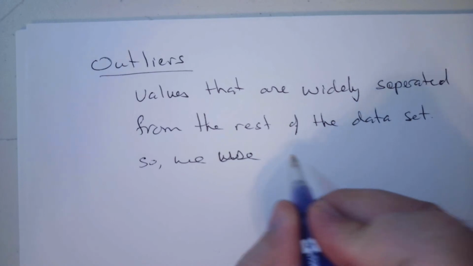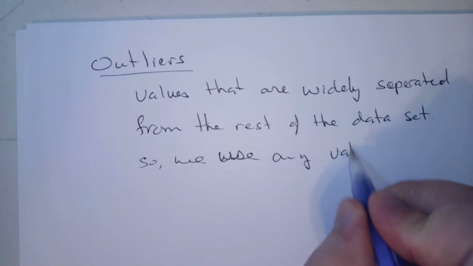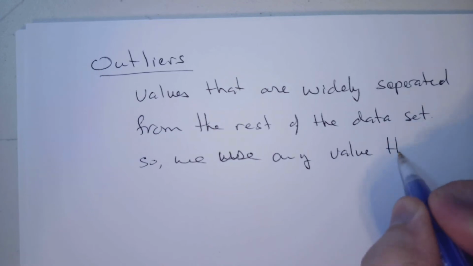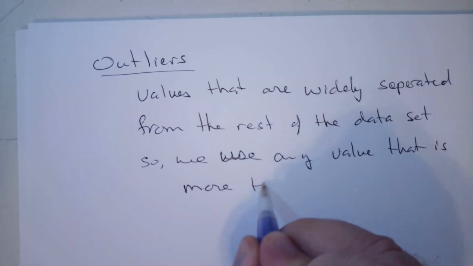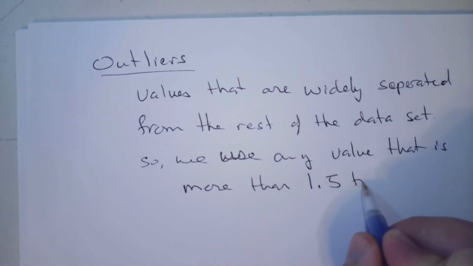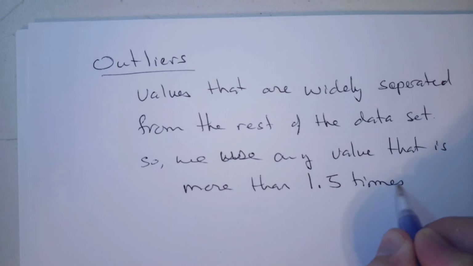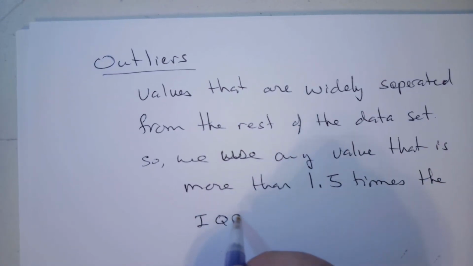So we use any value that is more than 1.5 times the IQR.